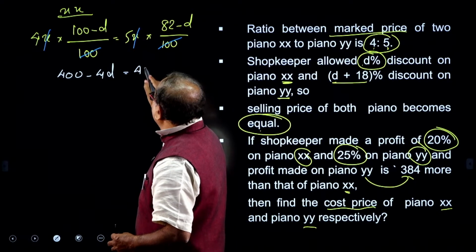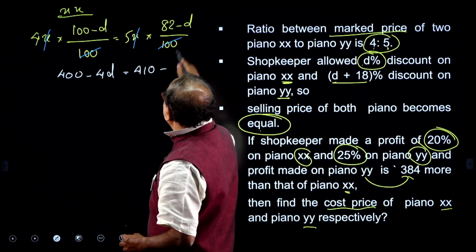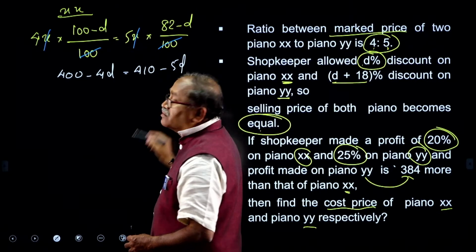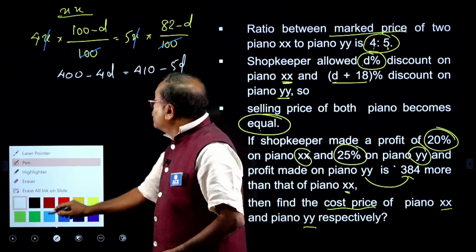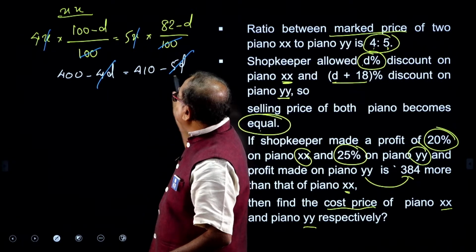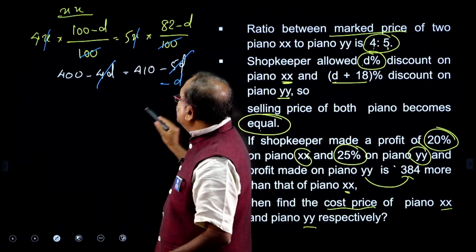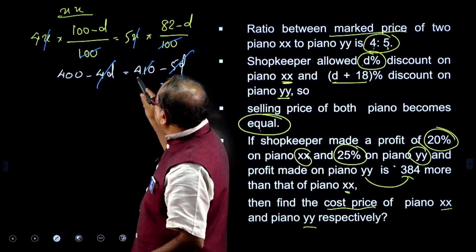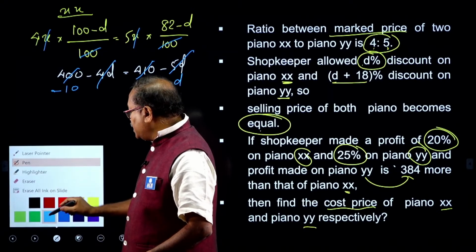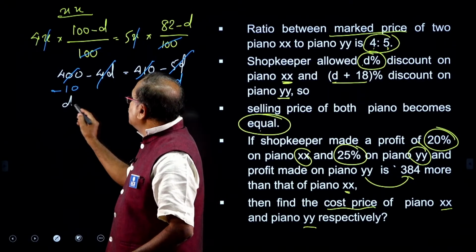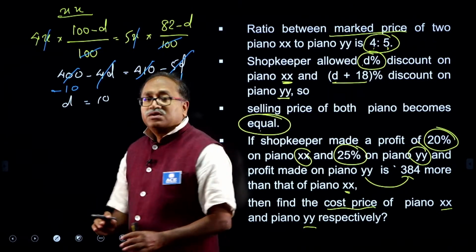So, 410 minus 5D, you are getting D value, my dear friends. When I cancel this one I will be getting minus D over here, and when you cancel this one it goes the other side, it will be minus 10. So, in other words I can say that D is equal to 10. So, one part is over.